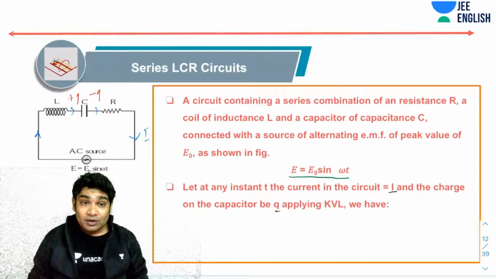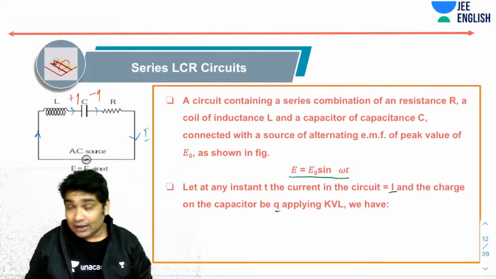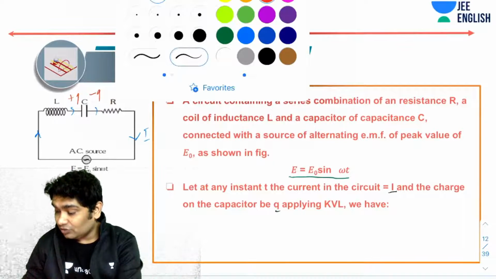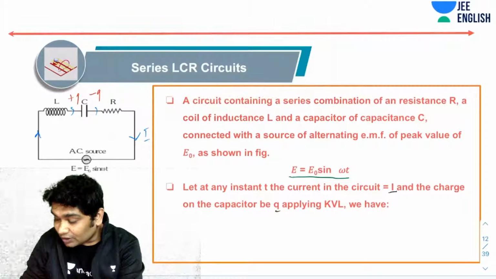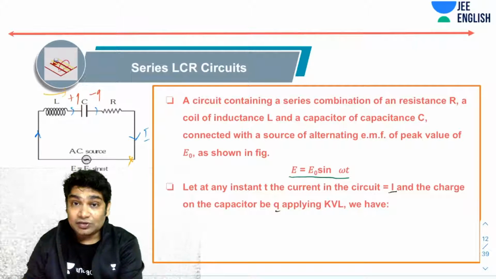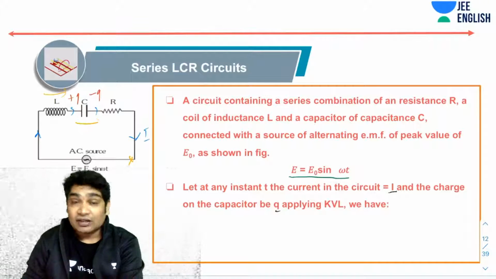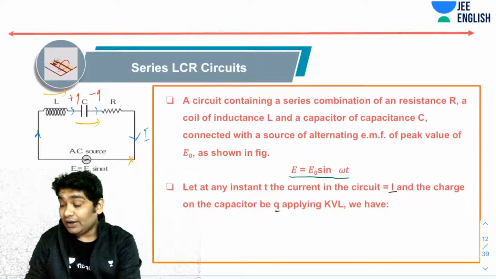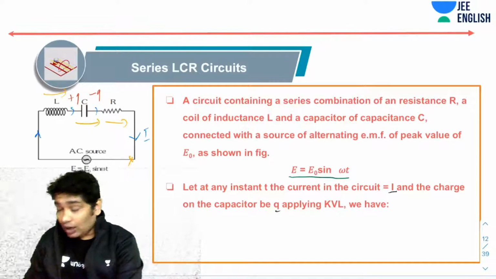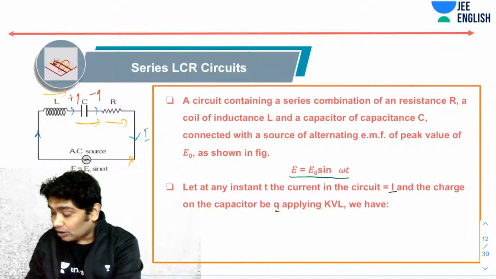When writing the equation for KVL, we will start from here, cross the source first, then move across the inductor in the direction of the current, then cross the capacitor from the positive plate to the negative plate, and then cross the resistor in the direction of the current again. Let's see how the different terms in the KVL will look.